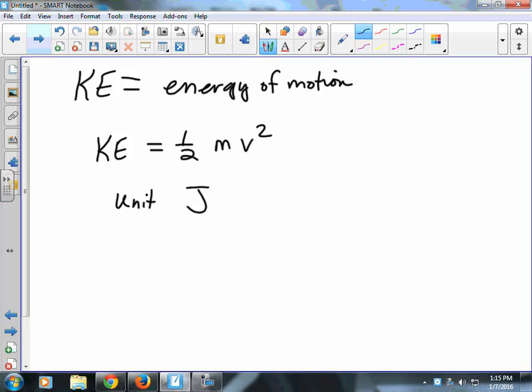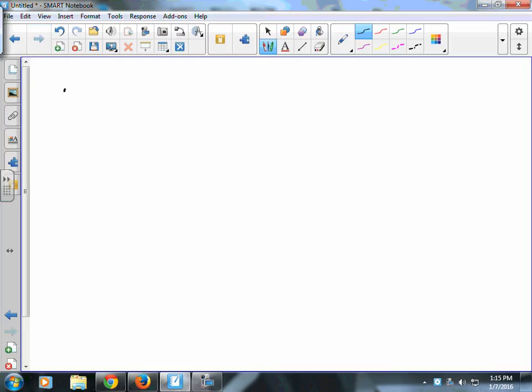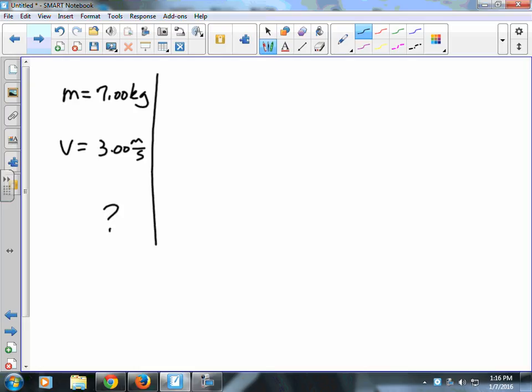A 7-kilogram bowling ball moves at 3 meters per second. So we're looking for a velocity, but there's already a velocity.